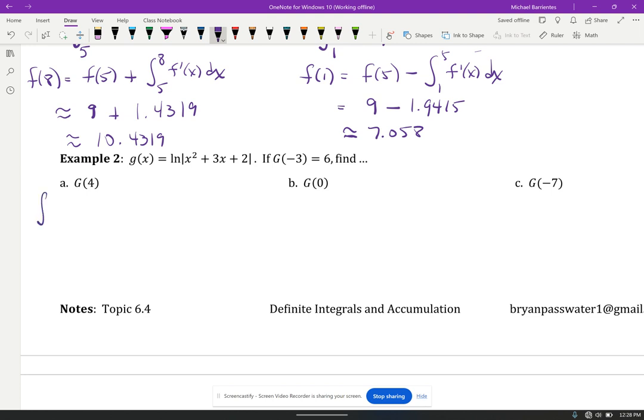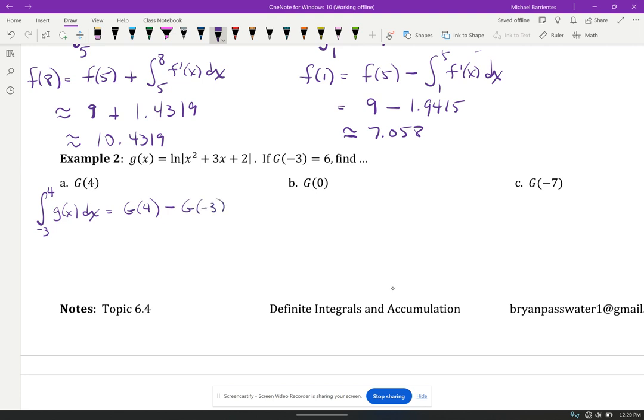So I'm going to take the integral. I'm going to choose the lower value first on the bottom, higher value on the top, of little g of x dx, because I know that by the fundamental theorem, if I take the antiderivative of little g, which is capital G, then I'll get this minus G of negative 3.